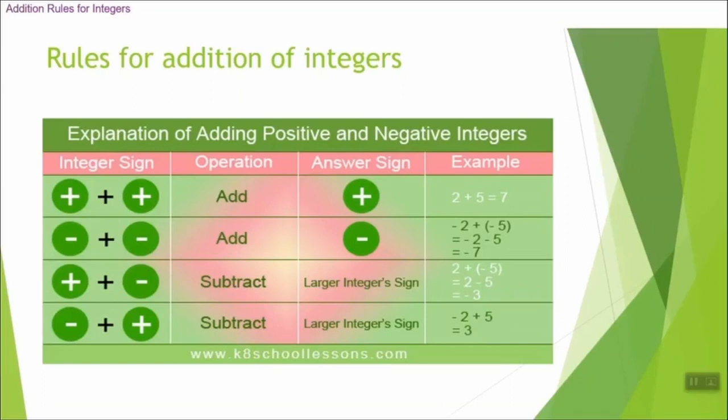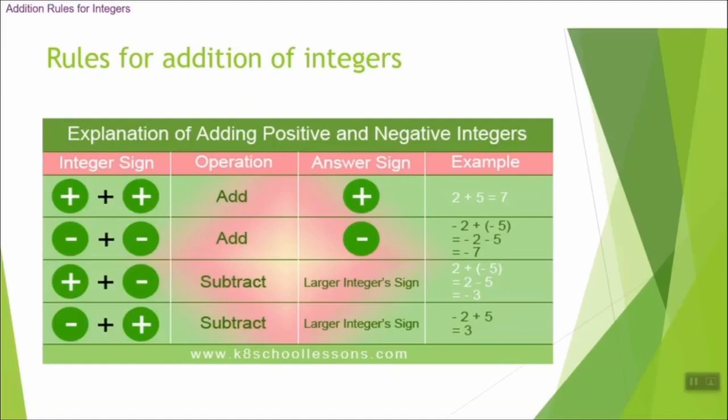Like you can see the examples which are given. In the first case, 2 and 5 are positive, so the sign is also positive. And in the second case, since 2 and 5 are negative, the sign is negative, but the operation performed is addition.